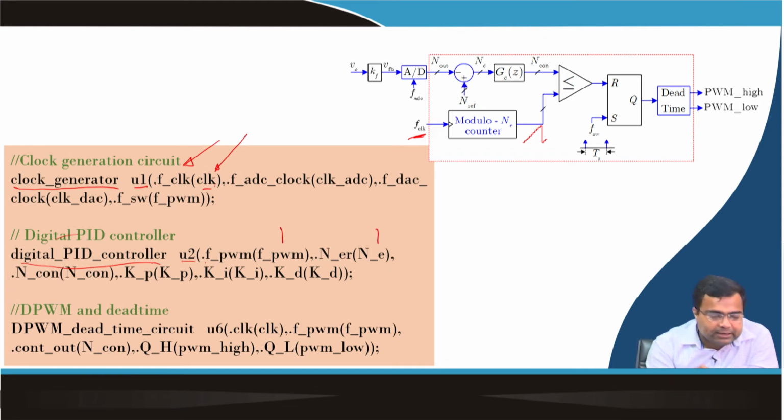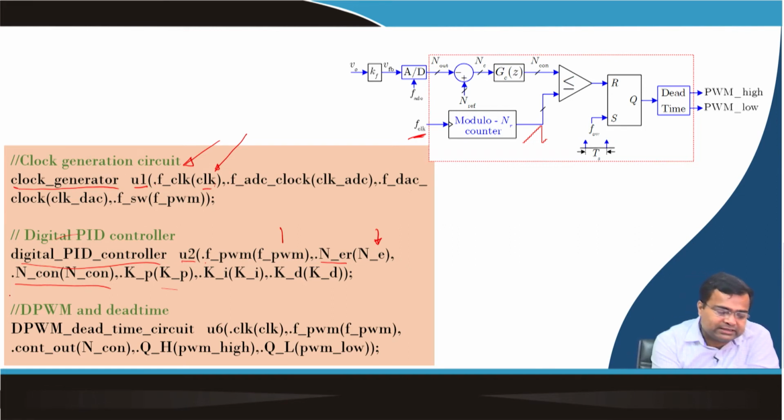So, for the digital PID controller, NER is the name of the input signal vector, which is the error. You are connecting with the error of this main module, local variable. Similarly, the controller output KP, KI, KD. So, this naming part we have already discussed I think in the previous week, where we discussed in detail about the instantiation style and all.